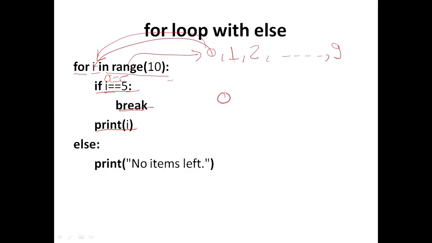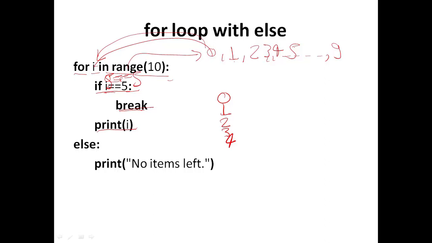Similarly 1 will be printed, similarly 2 will be printed, 3, 4 will be printed, and as soon as the value of I becomes 5, this condition is going to be true, 5 equals 5.